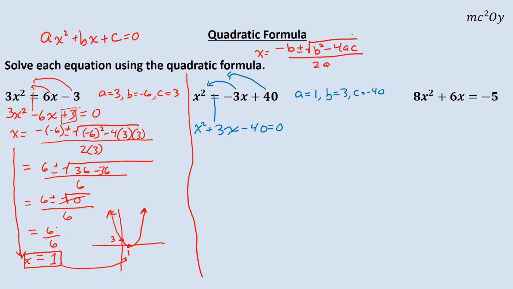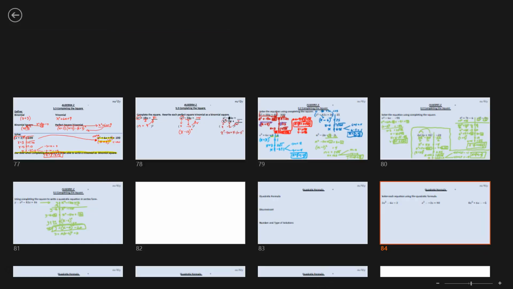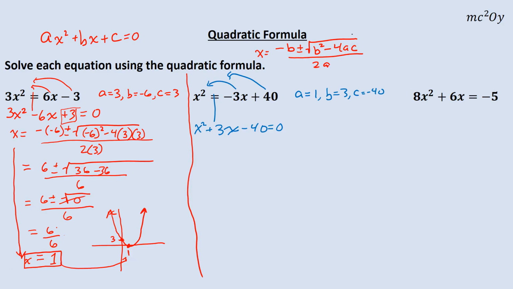All right, and then we'll go ahead and do x is equal to negative b, so negative 3, or the opposite of b, plus or minus the square root of b squared, which is 3 squared, minus 4 times 1 times negative 40, all over 2 times 1.